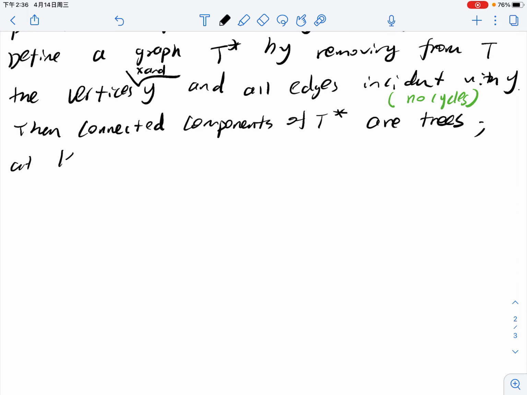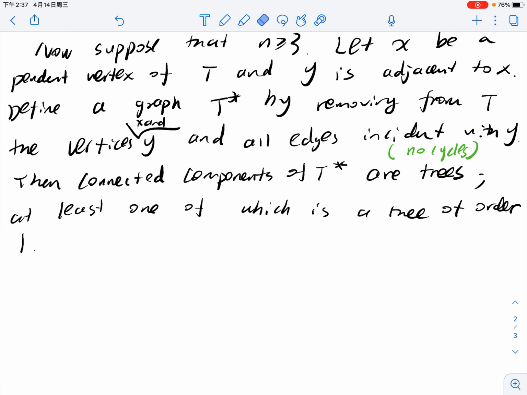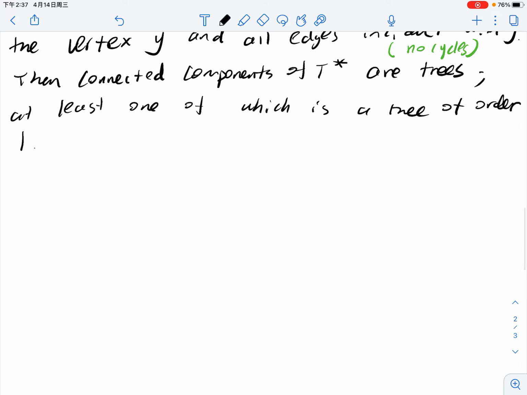And at least one of which is a tree of order one, since we still keep x. Here x itself is a tree of order 1.